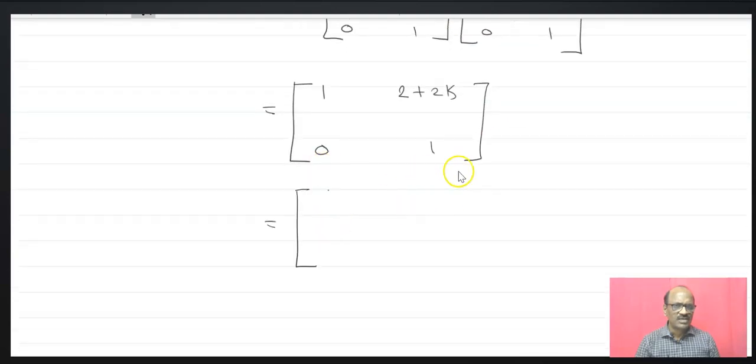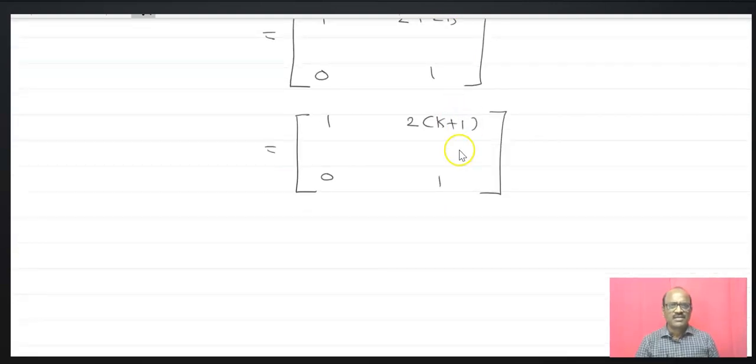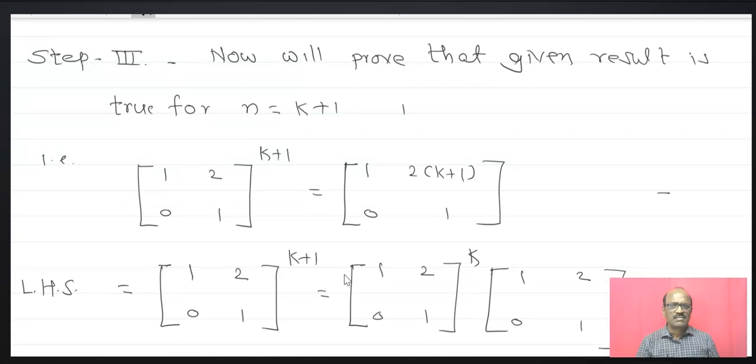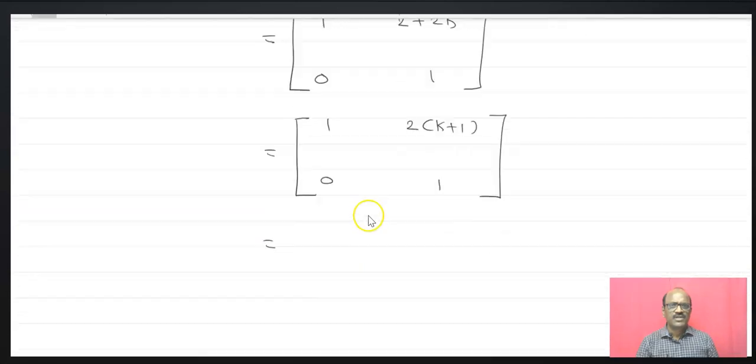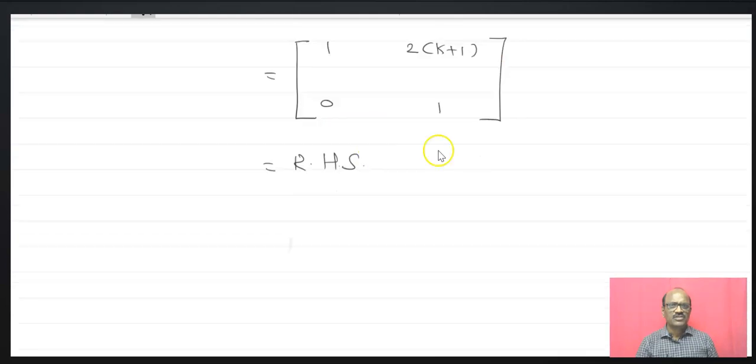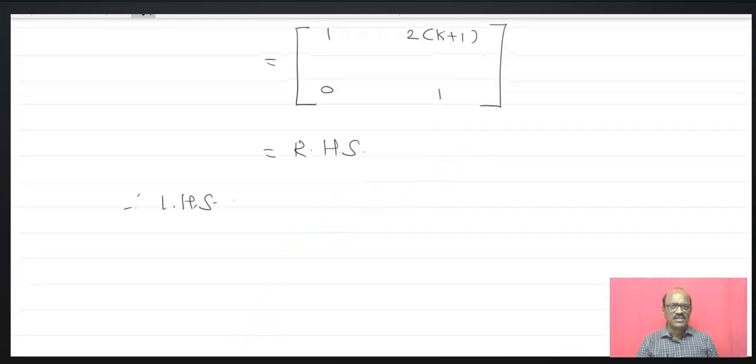Next is 0 and 1. This is matrix multiplication that we have cleared in this chapter from the M1. Therefore [1 2(k+1); 0 1], which is the RHS.